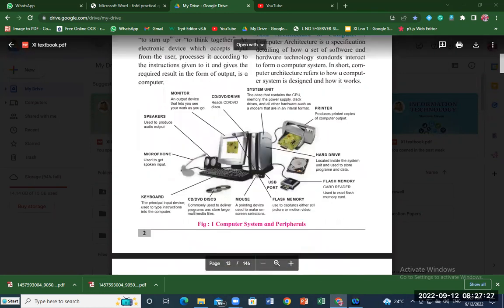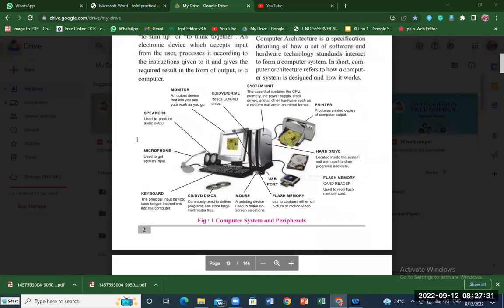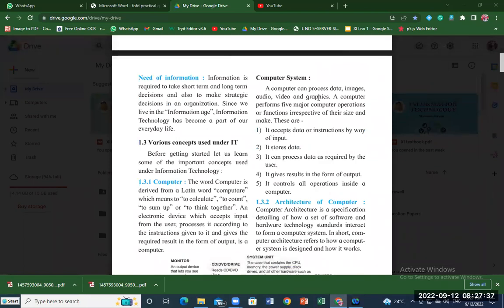Okay. Can you see the photo given here? I have a computer and different devices which work with the computer. Computer system. A computer can process data, images, audio, video, and graphics. It's not only dealing with calculating and programming, no. It also deals with processing of data.